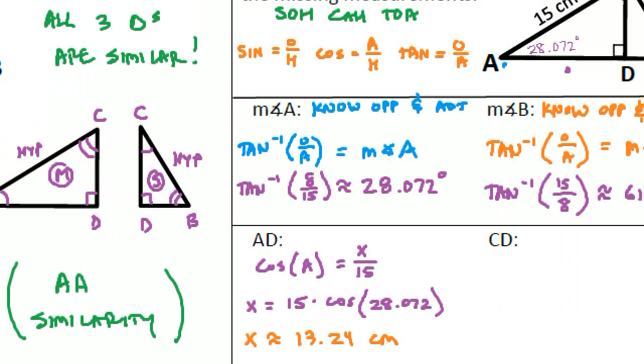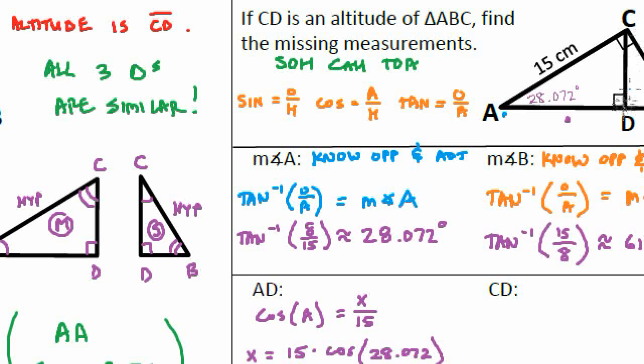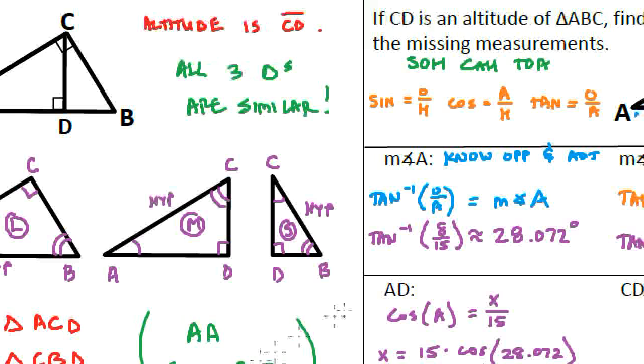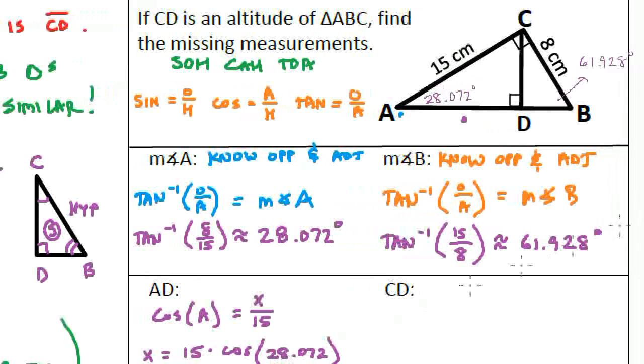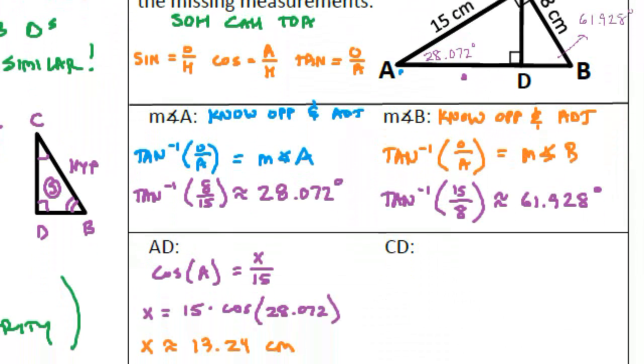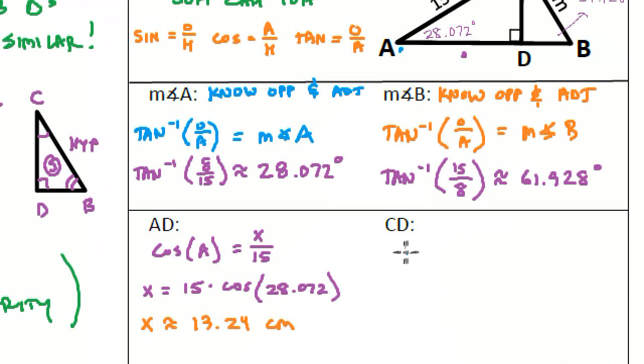Let's do one more. How about the length of CD? Oh, CD is the altitude. And you know what? Let's use the same triangle. Let's use the medium triangle. Our hypotenuse is still AC, but now instead of finding adjacent, we're going to find opposite. So if we're going to use opposite and we know the hypotenuse for the medium triangle, we're going to use sine.